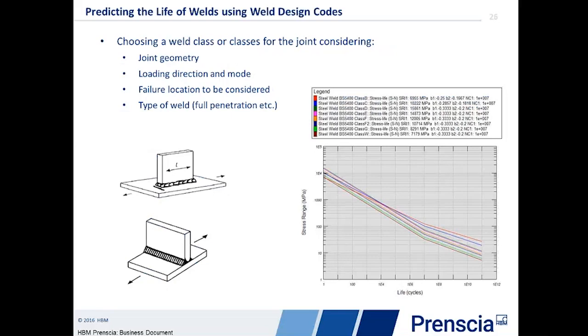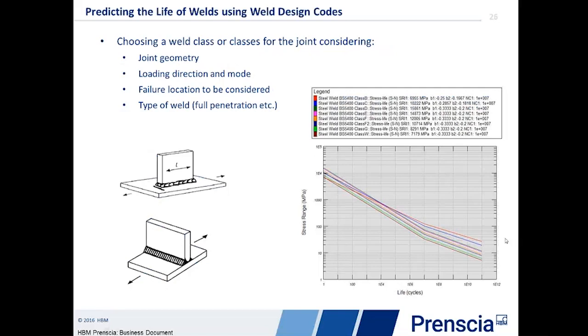There's a couple ways to do this. The classic way that you'll see in use with a lot of weld design codes, such as the IIW, the British Weld Standard, and the Eurocode, is what they call the classification process. They look at the part geometry, the weld geometry, how it's loaded, and where it's going to fail, and going through this classification, they point you to not a single curve, but a family of curves, each one for a different geometry and loading mode, and a way to recover stresses off that weld geometry.